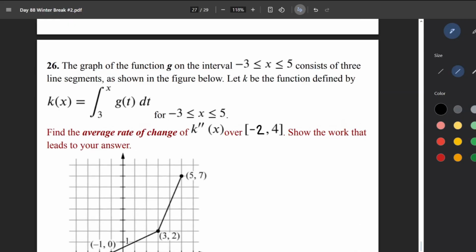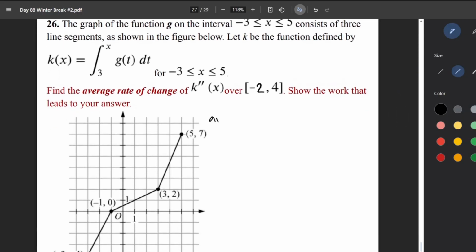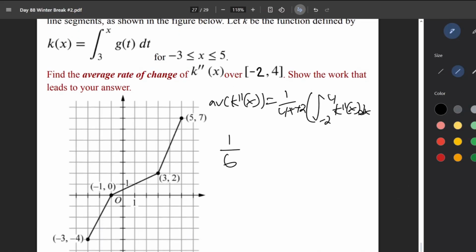Okay. This one's been altered, so it's k double dash now. So we do the slope equals 1 over 4 minus negative 2 times the integral from negative 2 to 4 of k double dash of x dx. So it would be 1 over 6, k double dash of 4 is 7 over 2 minus k double dash of negative 2 is 2.